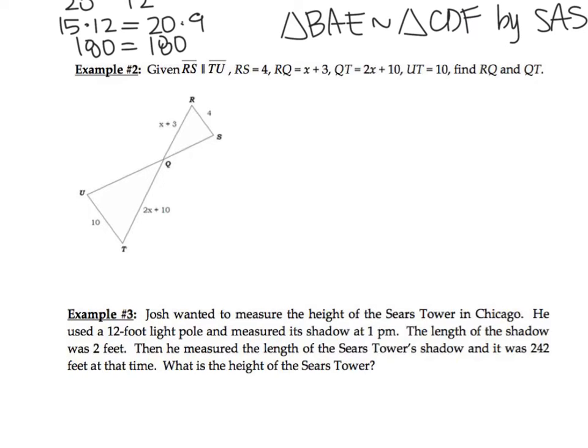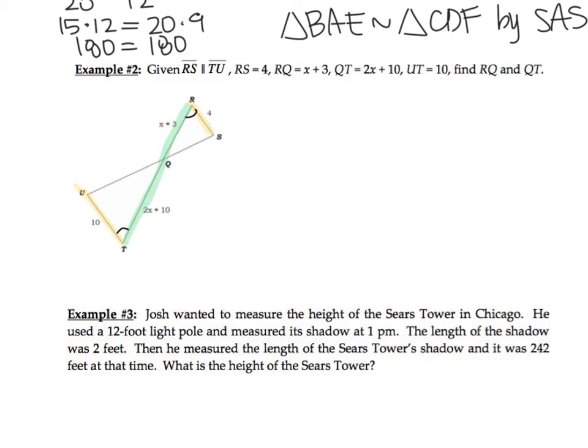So it comes back from the fact that RS and UT are parallel. So because those lines are parallel, I can think of the segment RT as my transversal. So using that, I can say angle R is congruent to angle T because they are alternate interior angles.